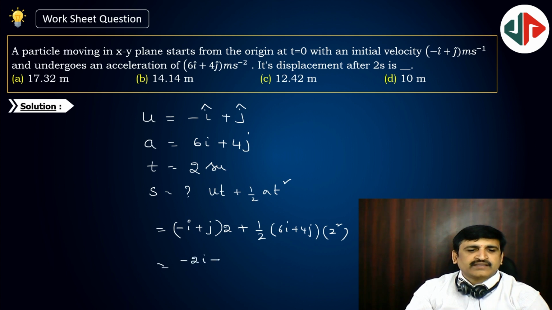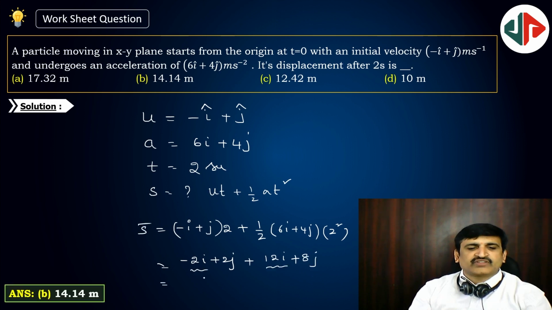Minus 2i plus 2j plus here 2, 1, 2 will go, 1, 2 will be left. So 2 6s are 12i plus 2 4s are 8j. Minus 2i plus 12i, that is 10i. 2j plus 8j, yes, 10j.